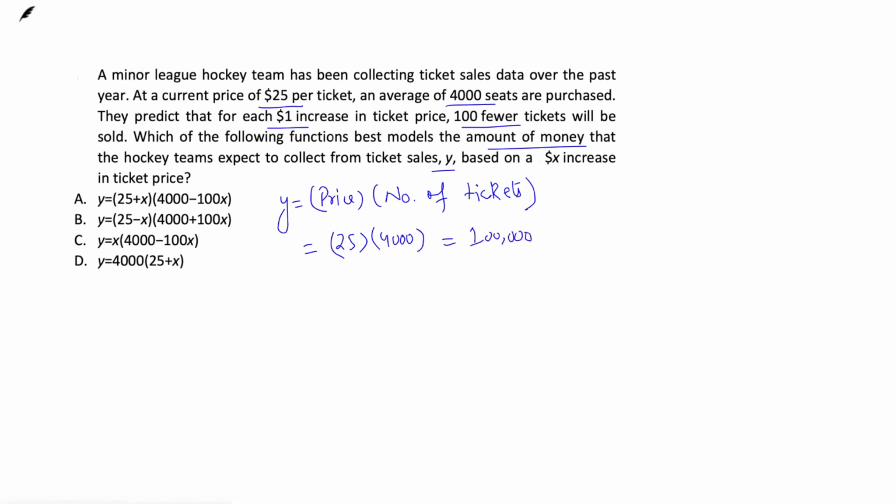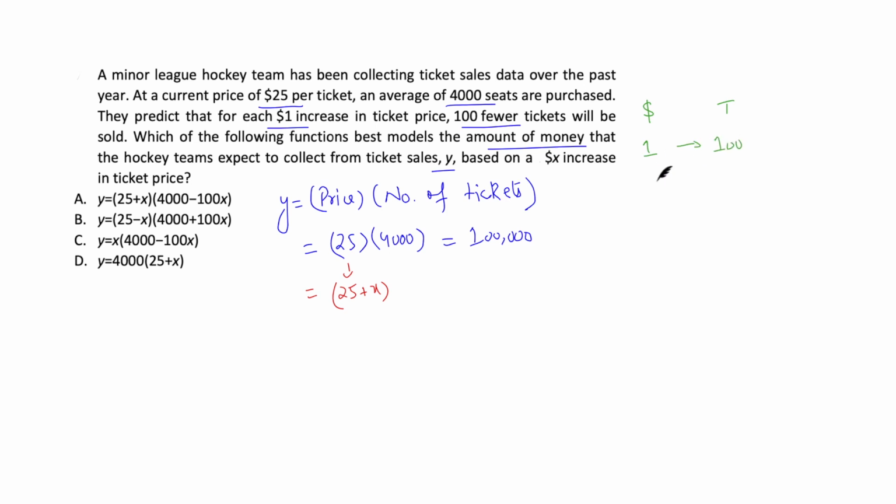However, they want to increase the ticket price by X dollars. So over here, you will have 25 plus X. Now, if you increase the price by X dollars, how many tickets will you sell? This is where we need to apply our proportion. Let's say on one hand, we have the dollars and on the other hand, we have the tickets sold. If you increase the price by $1, you will sell 100 fewer tickets.